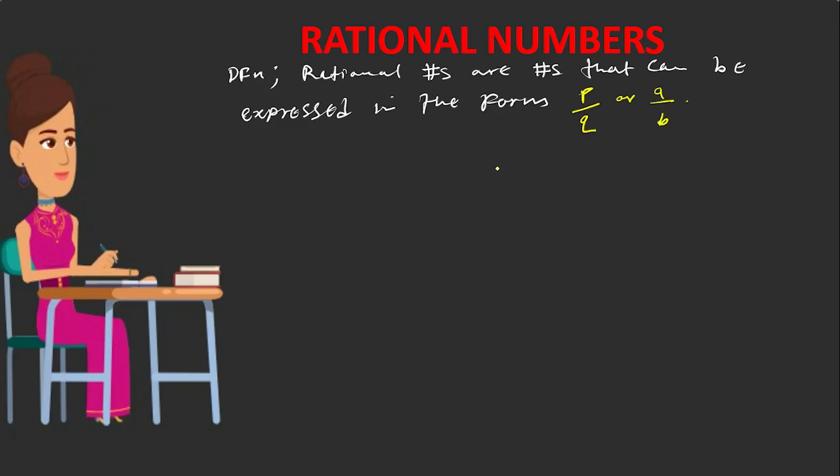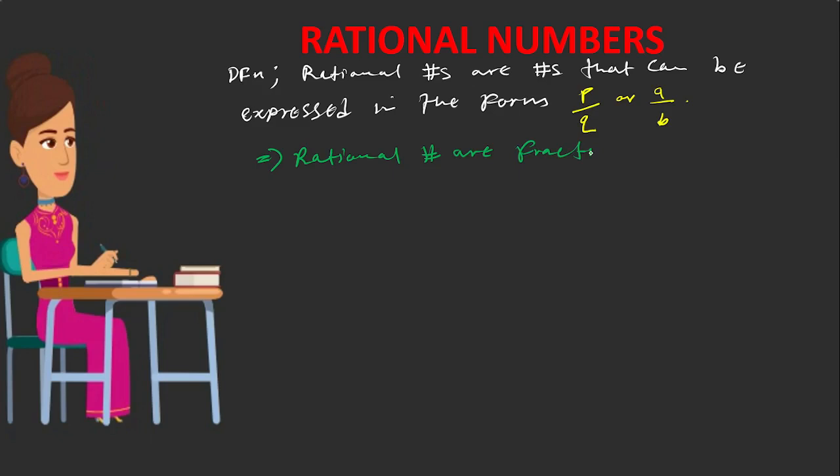In other words, rational numbers are just fractions. For them to be fractions, that means that rational numbers are also decimals.